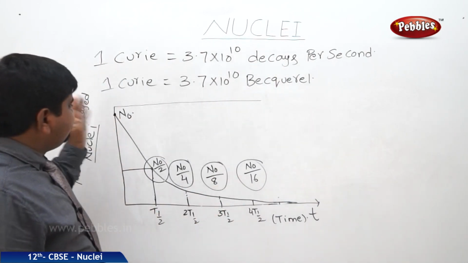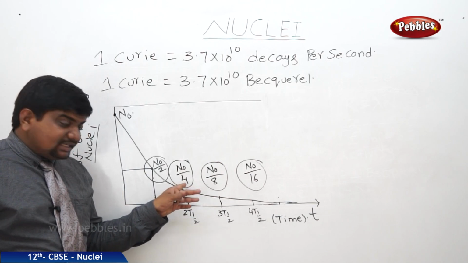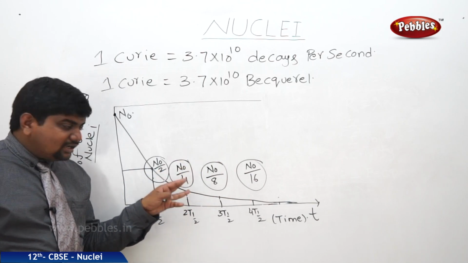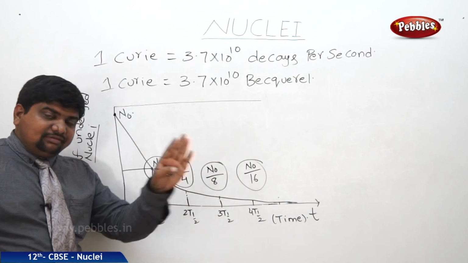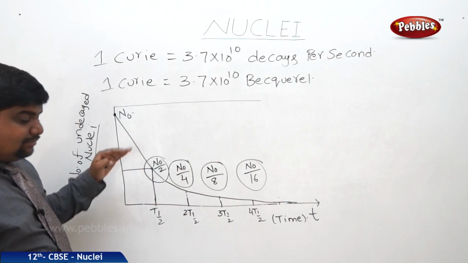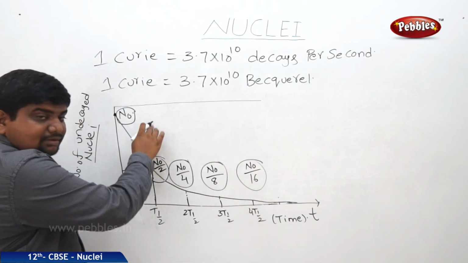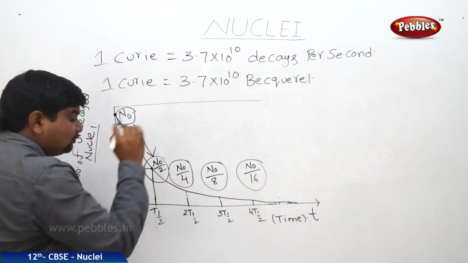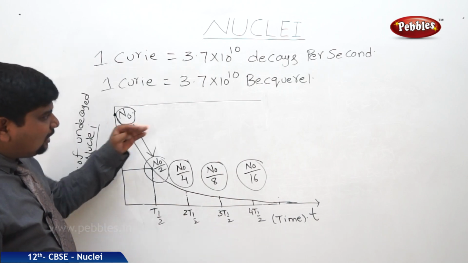Don't say half of the beginning, because if you see from T half to 2 T half, it is N0 by 4, which is nothing but half of N0 by 2. So the time taken for the decaying of a given sample to half of its original is called half-life.